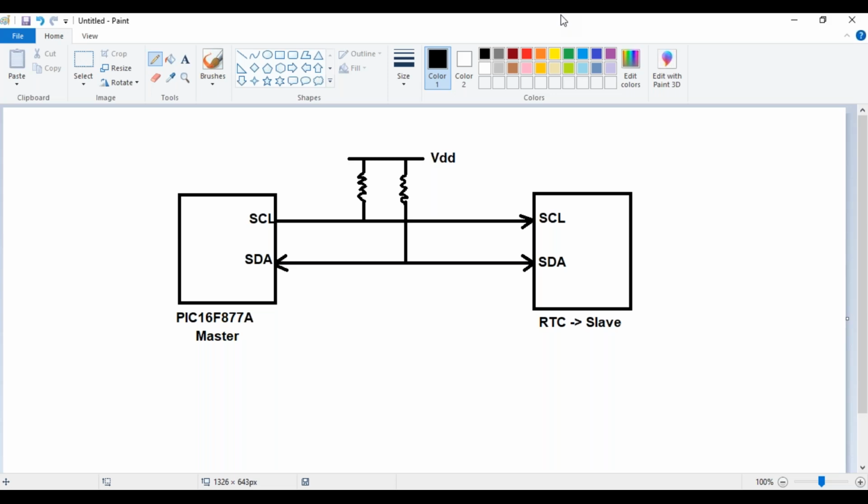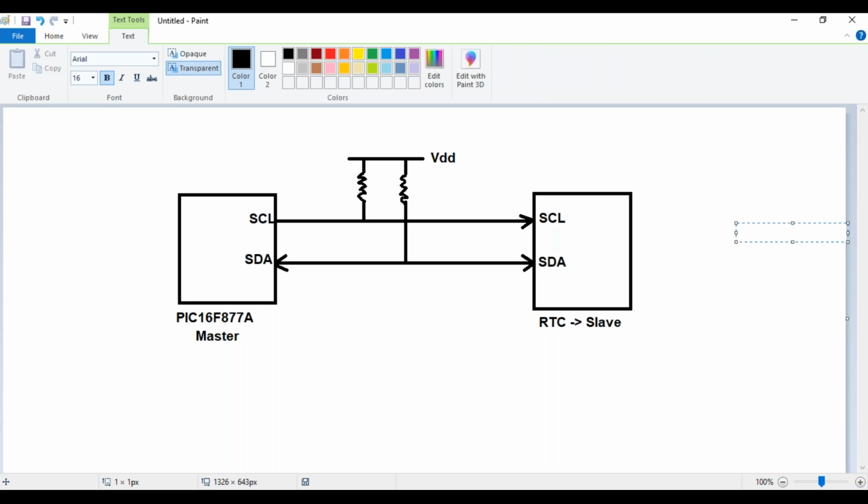Generally there will be registers to store these values. More about RTC we will discuss when we go to the programming part. Each register is available at a different address.